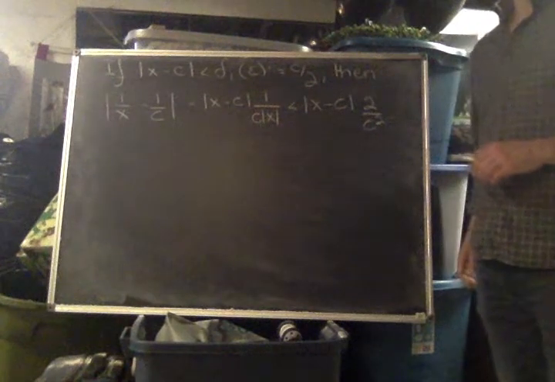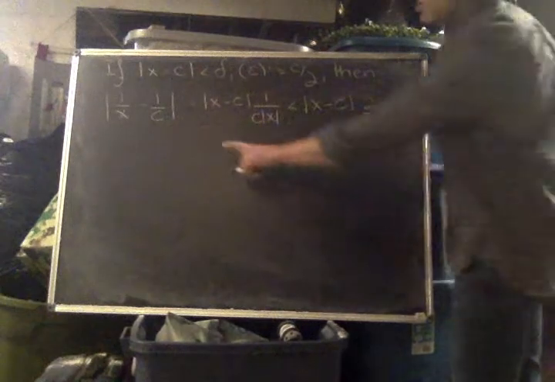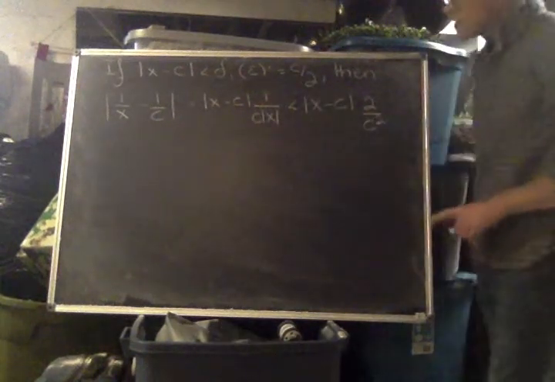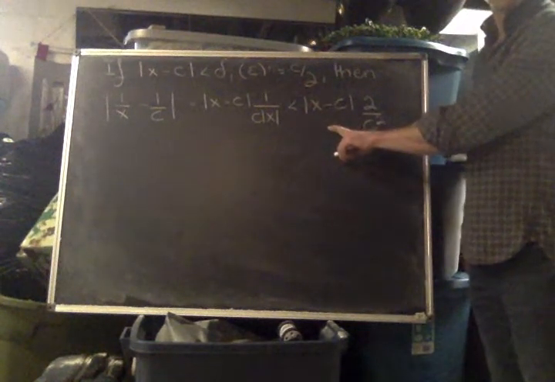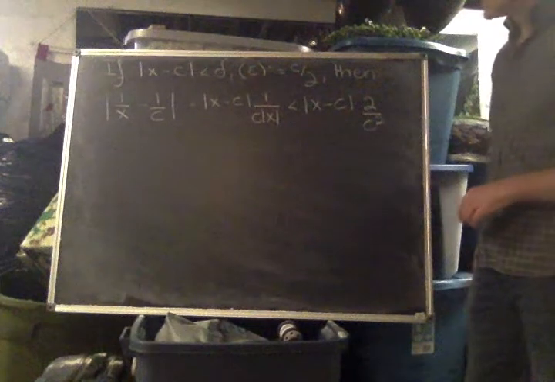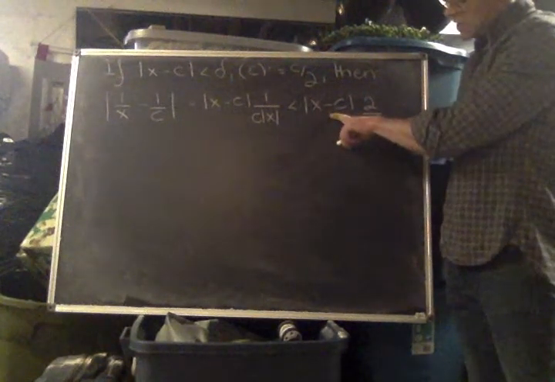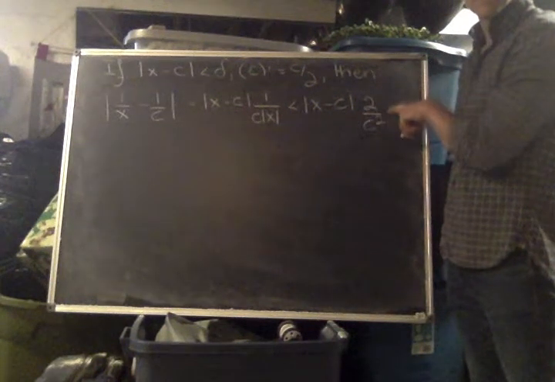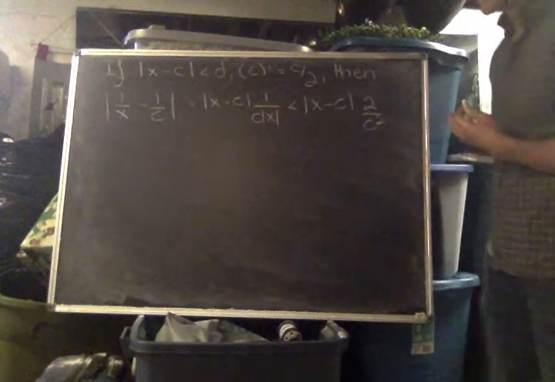Now we're in business. By taking our initial stab at delta 1, we've been able to prove that the thing that we want to be small, the thing we want to be less than epsilon, is at least strictly less than a constant times the thing we can control. And so now all we have to do is make delta 2 make this thing less than epsilon over this constant here, and take our overall delta to be the minimum of delta 1 and delta 2. Okay?